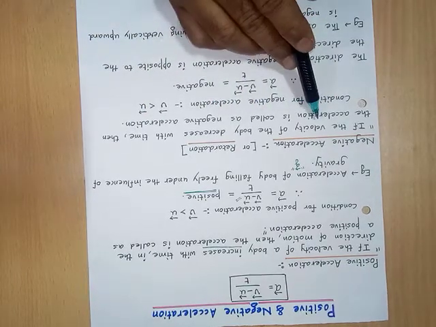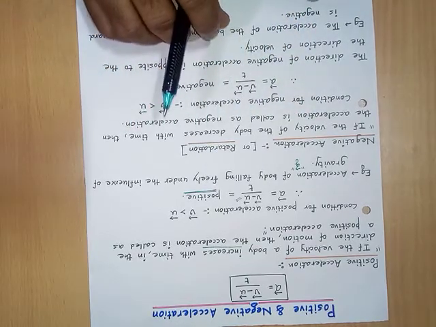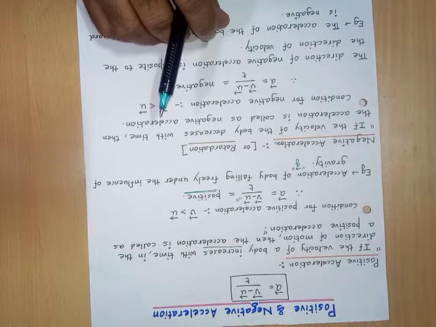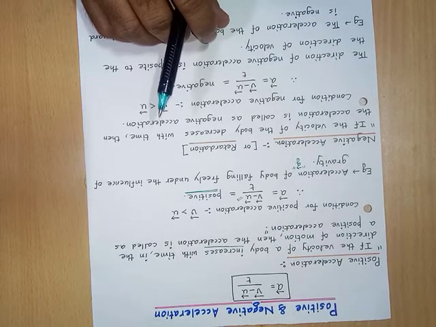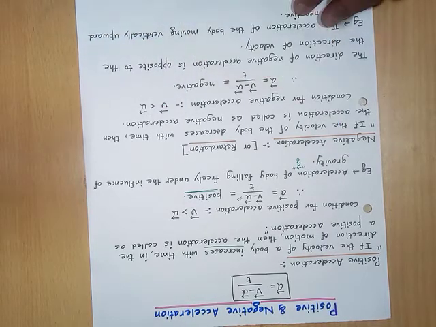What is the meaning of this statement? Initially the velocity of the object is more, but gradually the velocity of the object becomes less, then the acceleration performed by the body is considered negative acceleration.